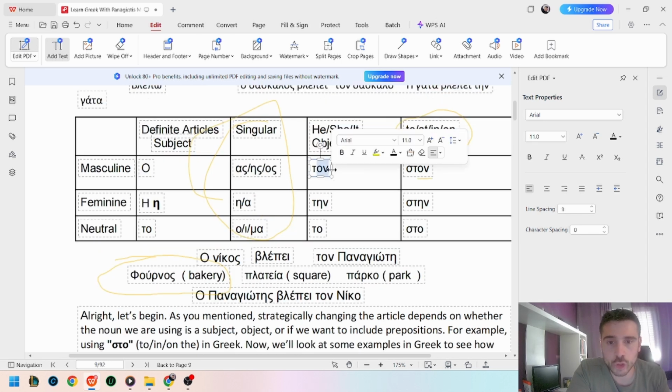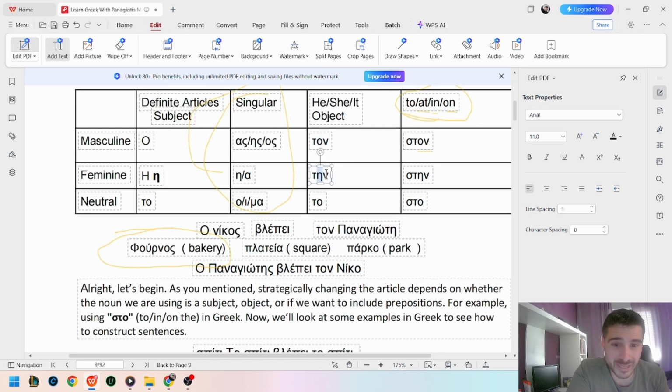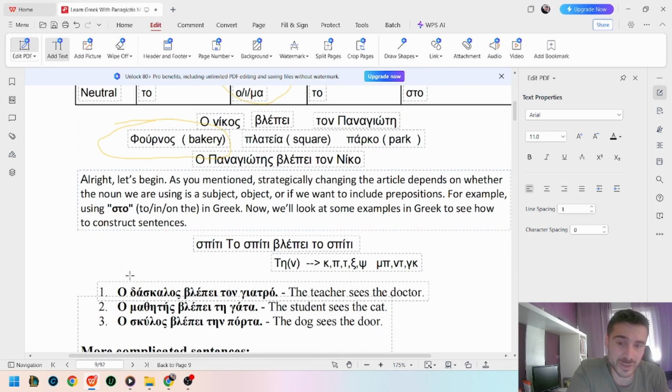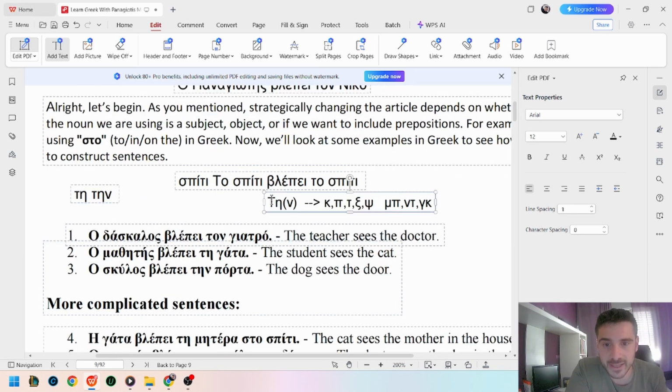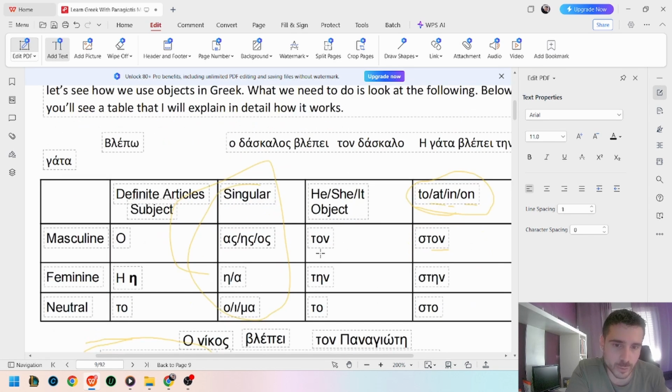The masculine article will be τον in accusative, but the feminine article will be τη or την. The rule says we use the word ending ν, την, in accusative for feminine words only, because in masculine we always use τον.